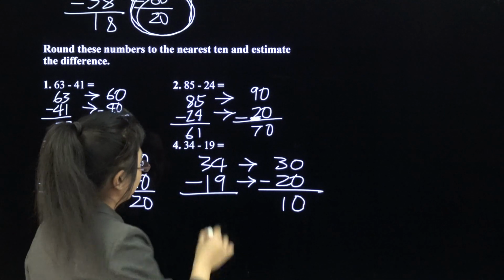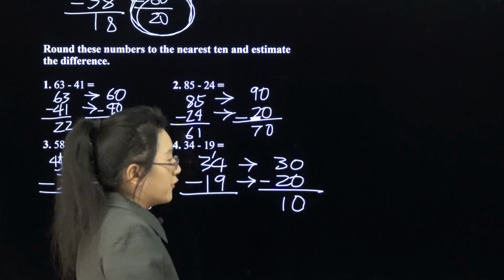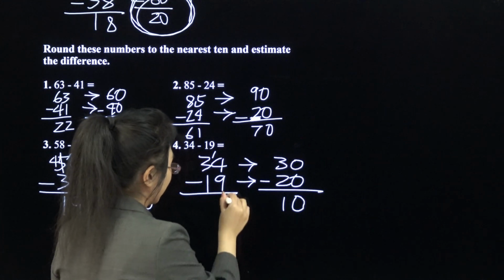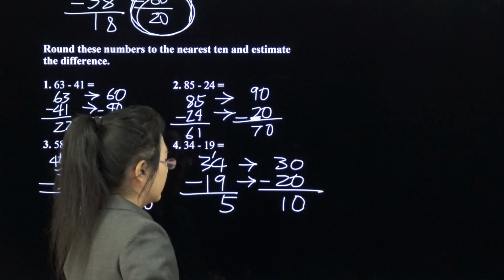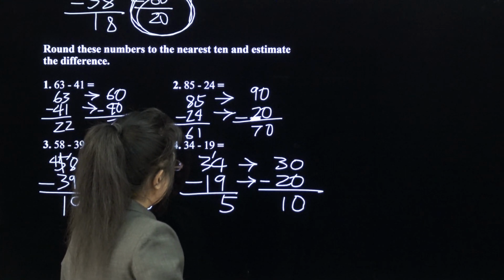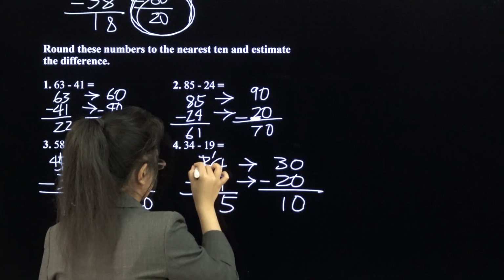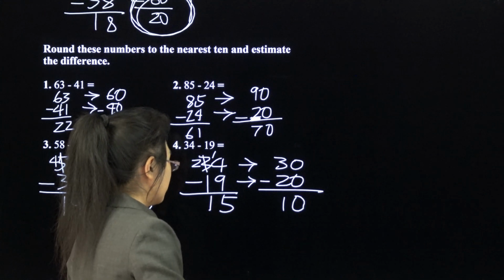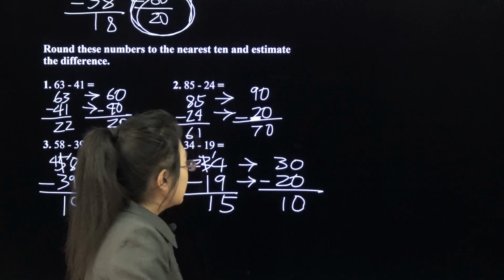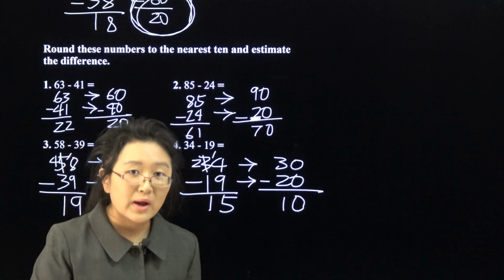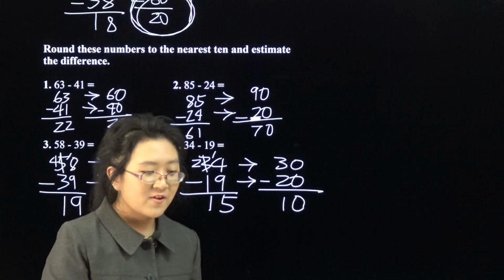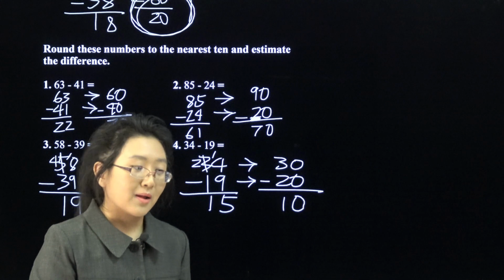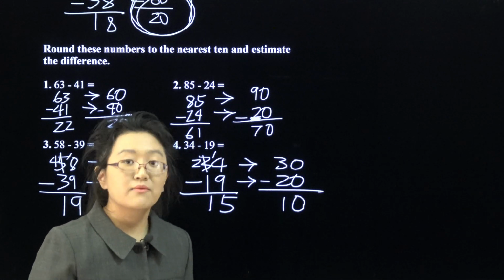What's the actual answer? Now 4 minus 9, well, we have to regroup for that. That's 14 minus 9, which is 5. And 3 has 1 regrouped out of it, so now it's 2. 2 minus 1 is 1. So 15. 15 is technically halfway between 20 and 10, but we would round it up to 20 instead of rounding it down to 10 because it ends in 5.